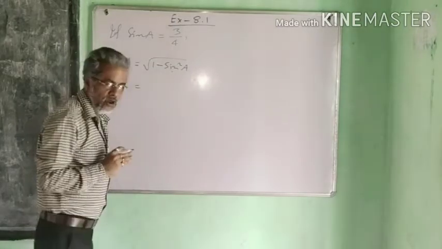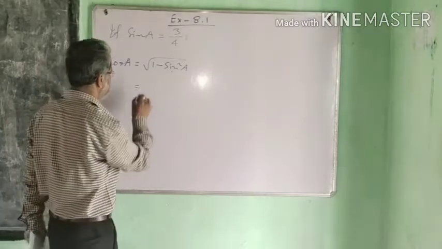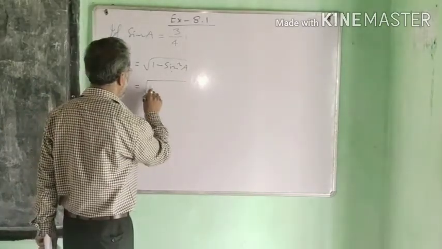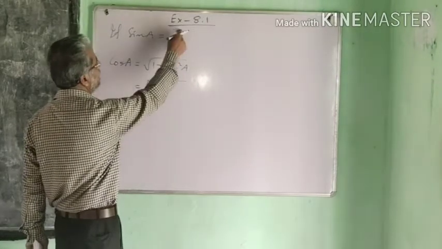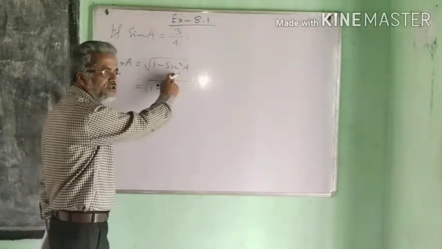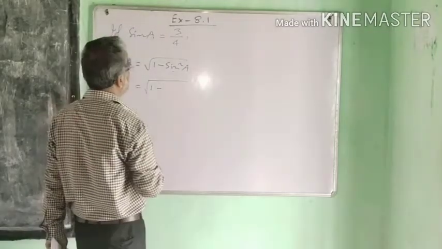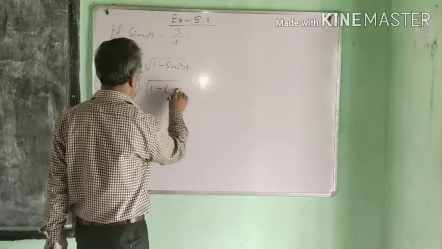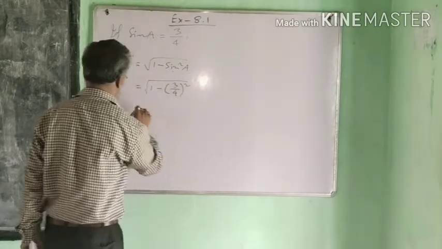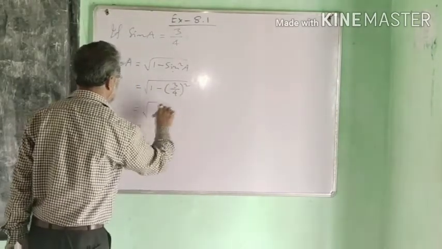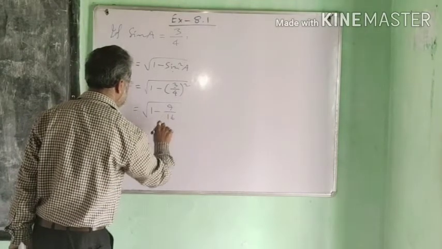We use the formula I gave you in my last video. So 1 minus sin square A, the value of sin A is 3 by 4. Sin square A means sin A whole square. So for sin A we write 3 by 4 and then square. Now simplify. 3 square 9, 4 square 16.